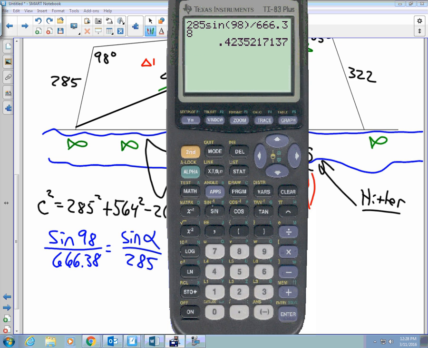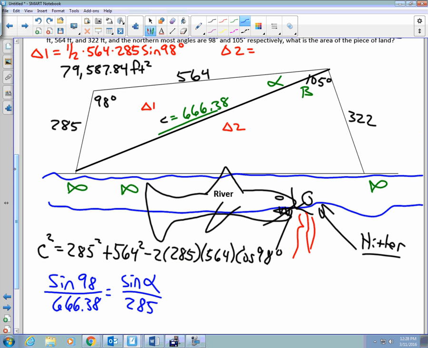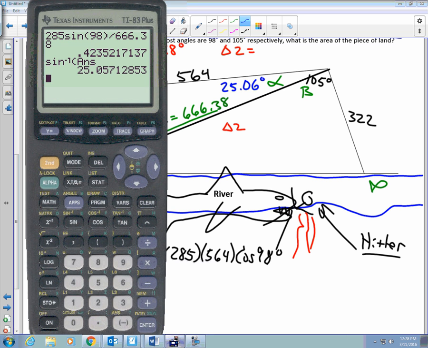We get 0.4235, sine inverse the answer. I get 25.06. Now what? Very good. Subtract from 105.